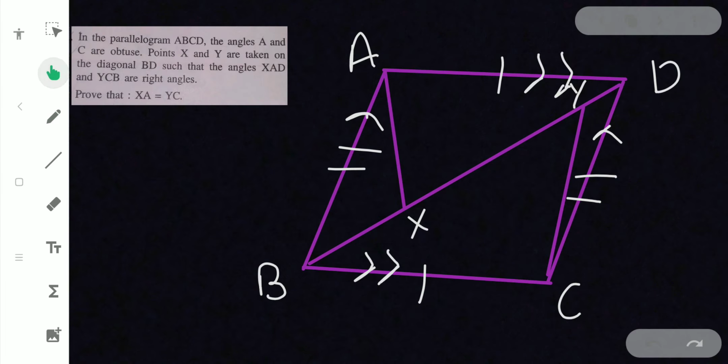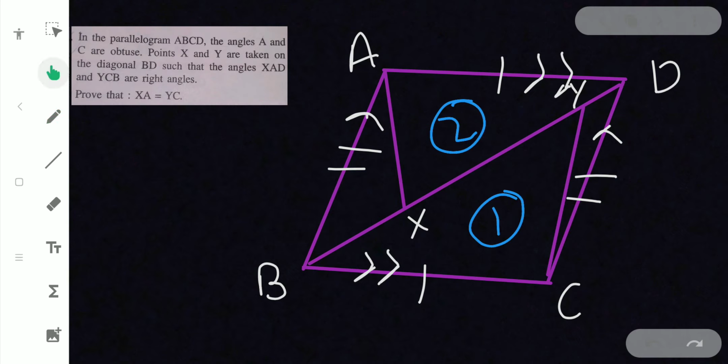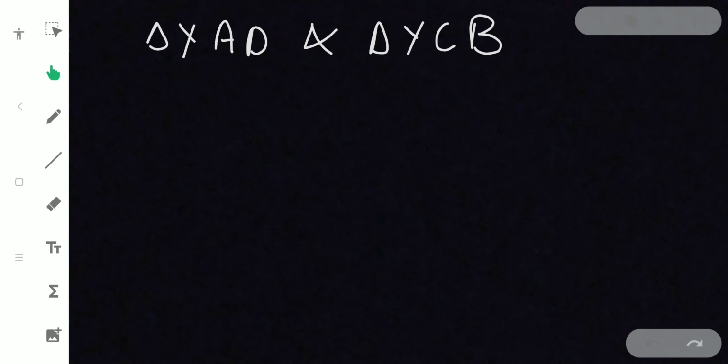So here this is XAD, this triangle I will name it as 1. So I am having 1 and 2 triangles like this. Now here we have to see the congruency. So you know this line is equal to this line, that is AD is equal to BC. AD is equal to BC.